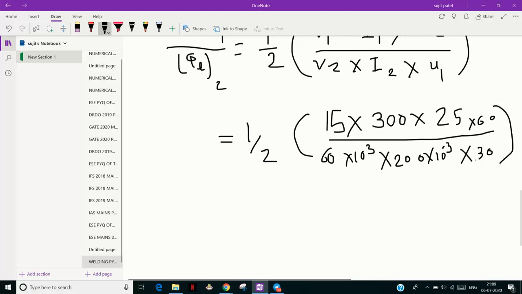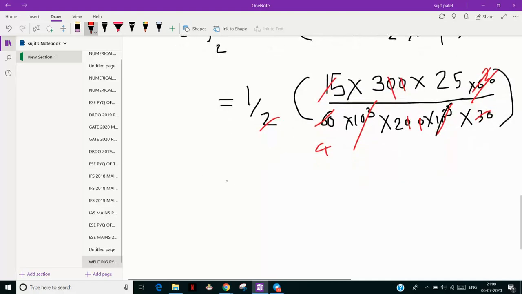Now just solve this. The minus 3 and plus 10 raised to 3 cancel out. This will become 2 and this 2 will cancel out. 15 and 60 cancel out, and this 0 gets cancelled.